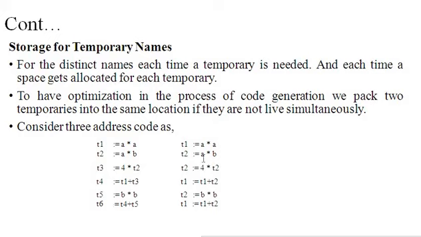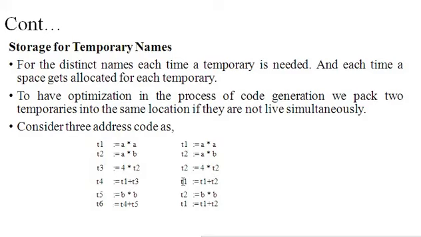Here T2 is the multiplication of A and B, stored again in T2 because later on that value is never used. Then after T1 plus T3, here the value of T3 is stored in T2. So T1 plus T2, which is stored again in variable T1.